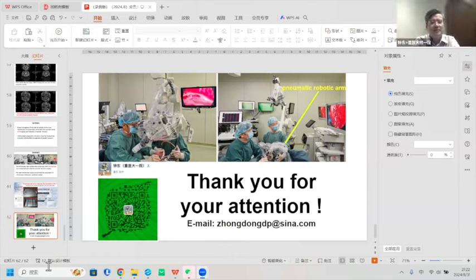Bipolar can damage the capsule. Sometimes the capsule of the tumor is not intact. So if I find the capsule is not intact somewhere, I will move from one point to another point to find the capsule.